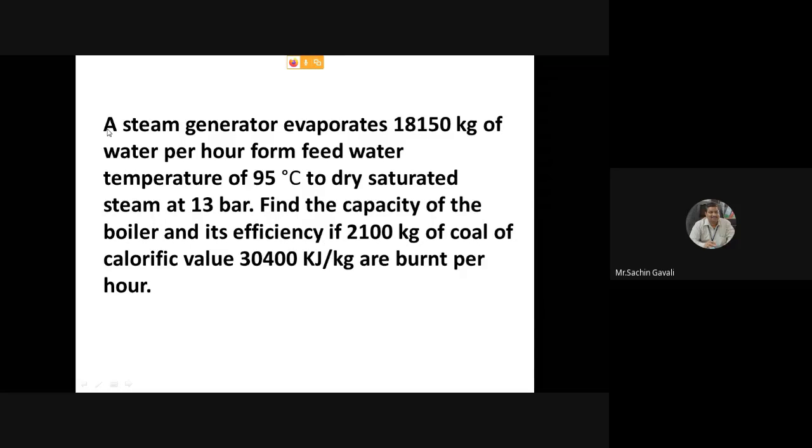Akshay, are you solving? Able to solve? Any problem? No, sir. Gaurav Khandalkar.